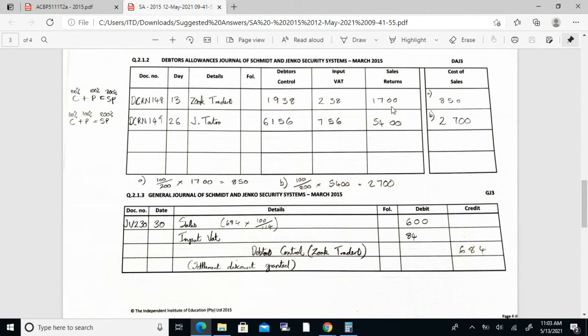Then we need to calculate the cost of sales. But can you see something interesting? They didn't give us what markup is, all right? So we have to go back to the 12th, which is a transaction right before, and we see 100% on the cost price. So again, say, okay, profit is 100 because markup is 100, cost is 100 because it said on cost, and therefore selling price is 200.